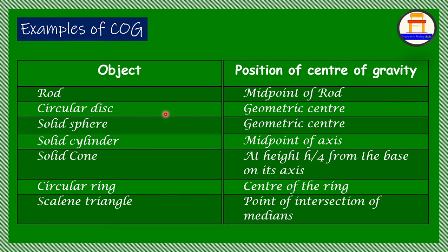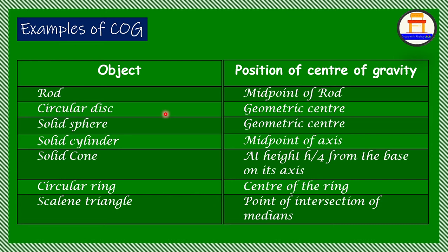For a circular disc, it is the geometric center of the disc, where all the diameters meet at one point. A solid sphere is also the same. When all the diameters meet in the center, that one point is called the geometric center, where the center of gravity is said to act.